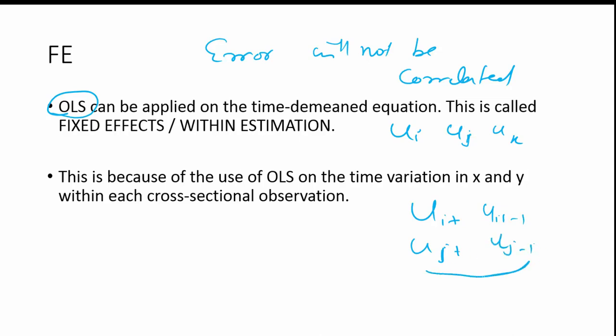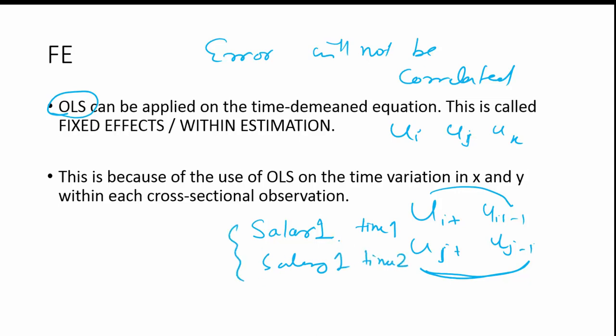We expect these to be correlated because there is a time component, like the salary of the same person over time. Salary of person 1 at time 1 and salary of the same person at time 2 will most likely be correlated. Now since we have got rid of the time component, that is not going to be there. So errors are not going to be correlated in this particular case, and we can use OLS. By doing this transformation and using OLS, we are estimating the equations.